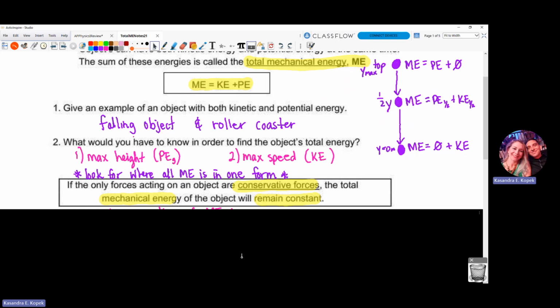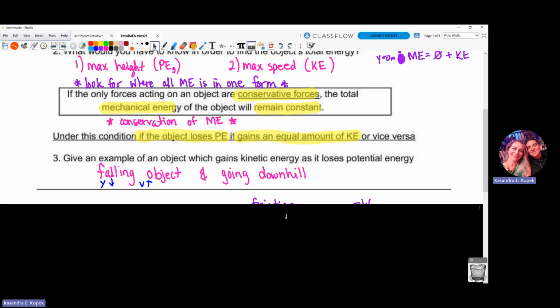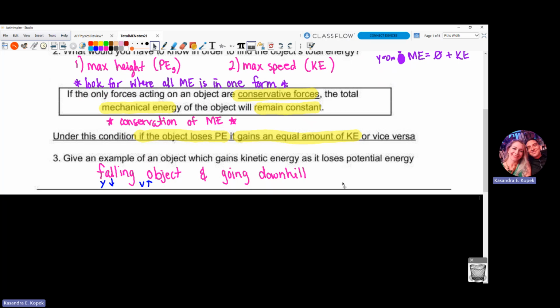When talking about conservation of mechanical energy, we are talking about conservative forces, meaning we are disregarding air resistance and friction, because those things are going to take away energy from the system. Okay, just to give you some examples, some examples where an object will gain kinetic energy as it loses potential energy would be a falling object, right?